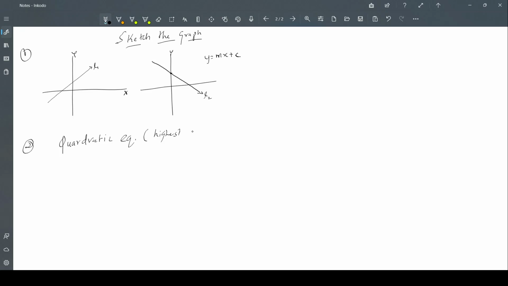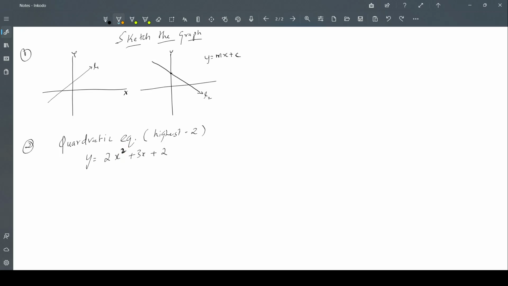Highest power is 2. For example, if I give you an equation like y equals 2x square plus 3x plus 2, here you can see that the highest power is 2. That's why we call this a quadratic equation, right?